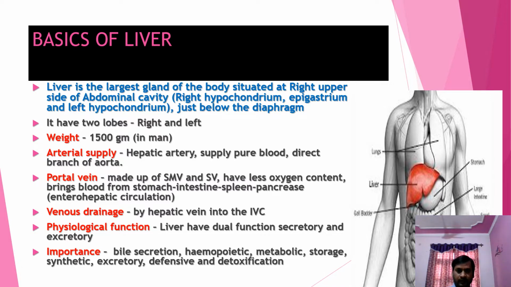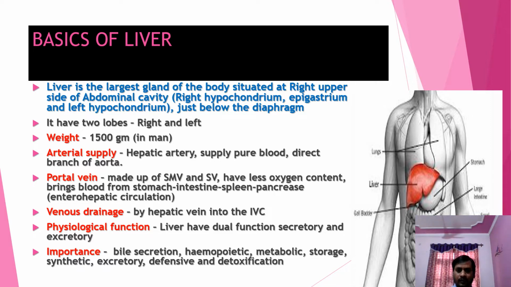The weight of the liver is about 1.5 kg in man. The arterial supply of the liver is basically by the hepatic artery, which supplies pure blood, and the hepatic artery is a direct branch of the abdominal aorta.